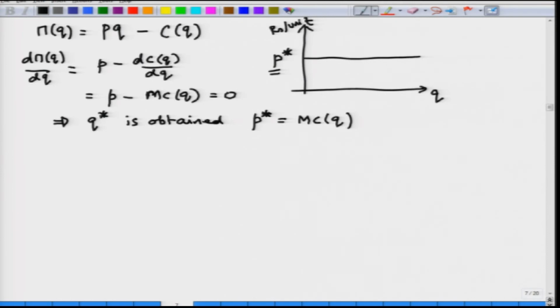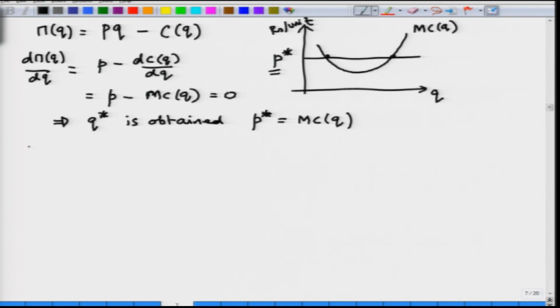Now, if this is my marginal cost curve, the marginal cost curve intersects the P star line at two different points. So, which Q star should the firm choose?